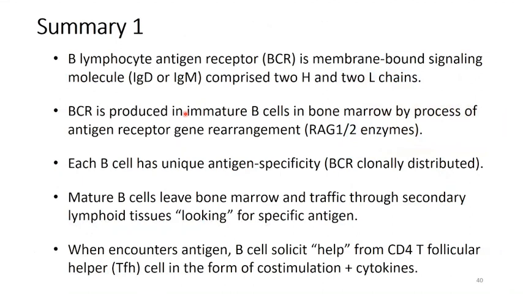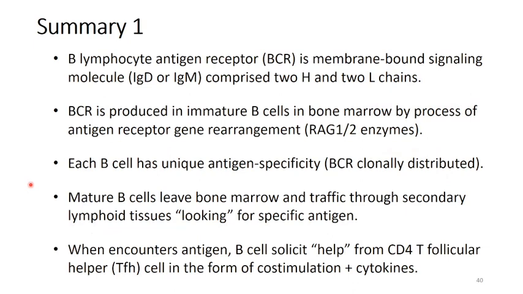Okay. So I was going to go through the summary slide just quickly. So the B cell receptor is a membrane-bound signaling molecule. It's got two chains, two heavy chains and two light chains. It's produced in immature B cells by a process of antigen receptor gene rearrangement. Each B cell has conferred on it a unique antigen specificity.